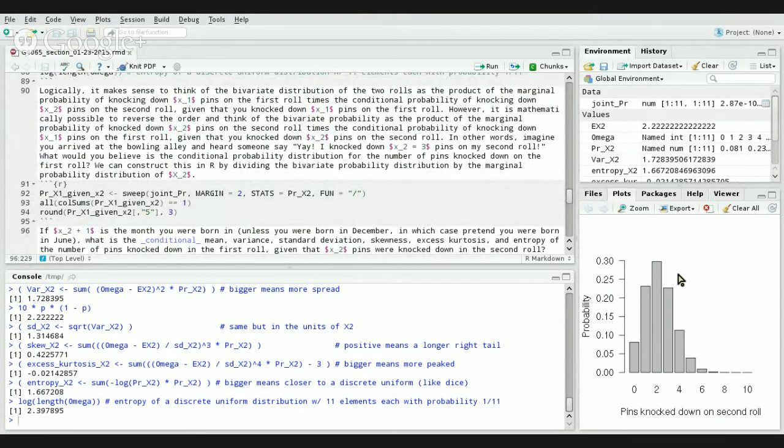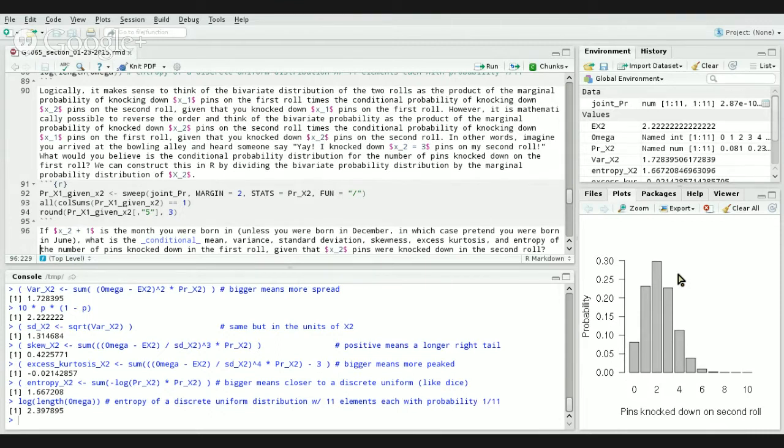However, from a logical or mathematical perspective, it's just as correct to reverse the order and think about the bivariate probability of those two events as the marginal probability of knocking down x2 pins on the second roll times the conditional probability of knocking down x1 pins on the first roll, given that you knock down x2 pins on the second roll. Now, that might not seem particularly realistic, but it is mathematically correct.